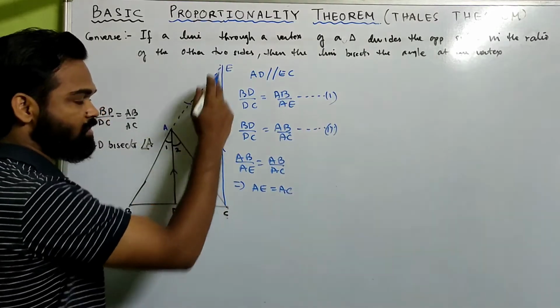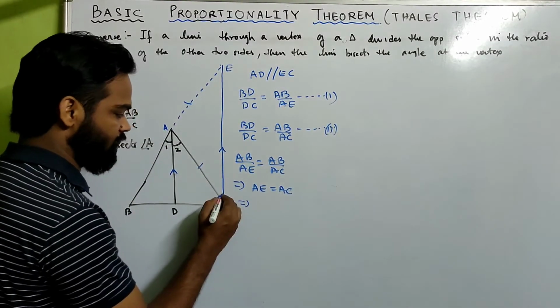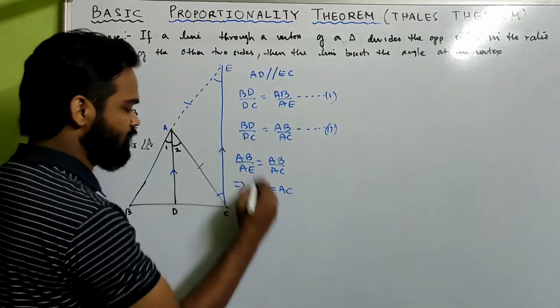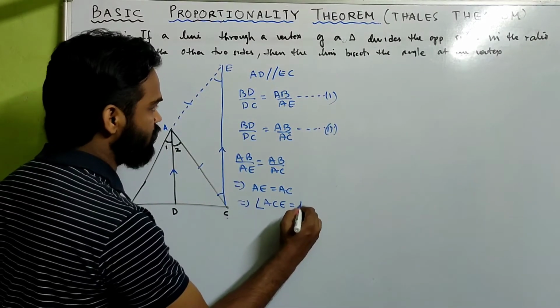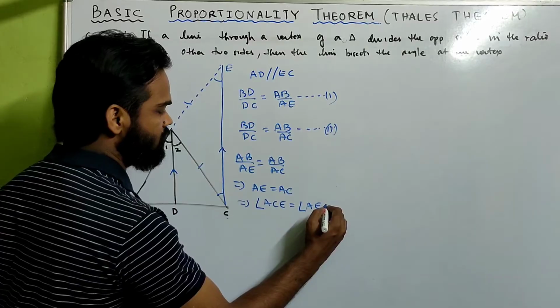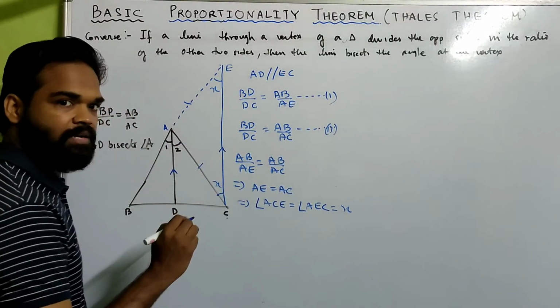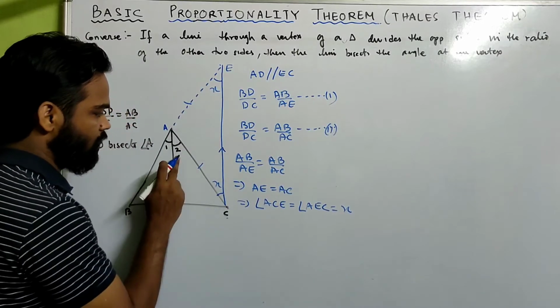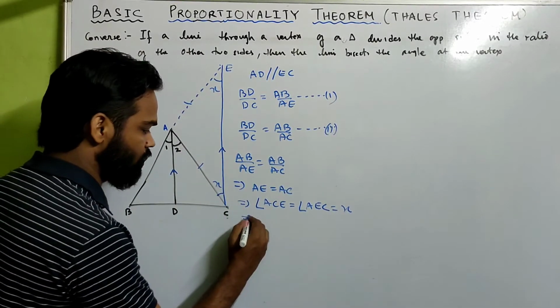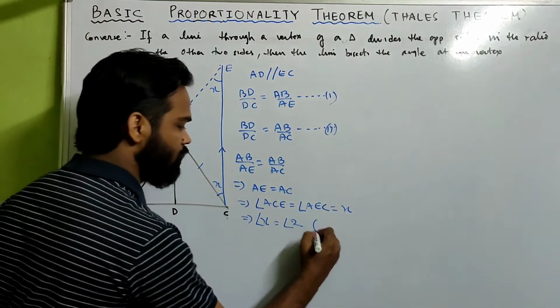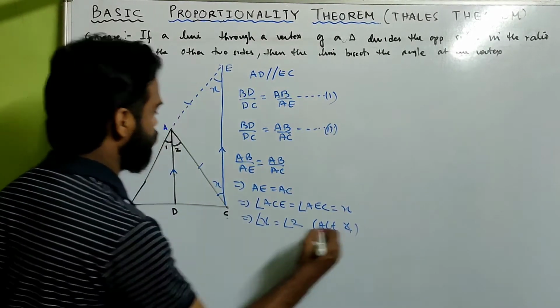And if these two sides of this triangle are equal, we can say that this angle and this angle are equal. Angle ACE is equal to angle AEC. Suppose this is X, isn't it? Now look carefully. Angle 2 and X will be equal. Angle X equals angle 2. Why? Alternate angle.